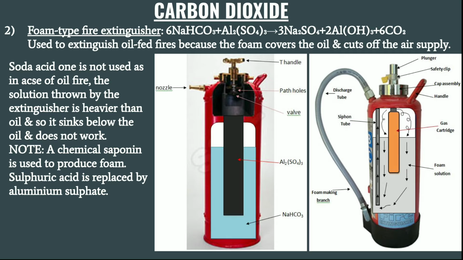The soda acid one is not used in case of any oil fire, because when you use an acid on oil fire where water is coming out, the water will sink to the bottom, and the oil will float on it, so the fire will not get extinguished.